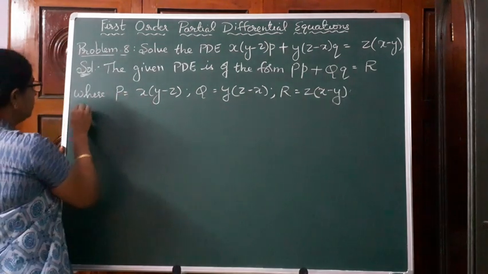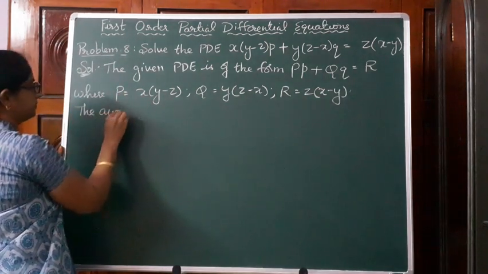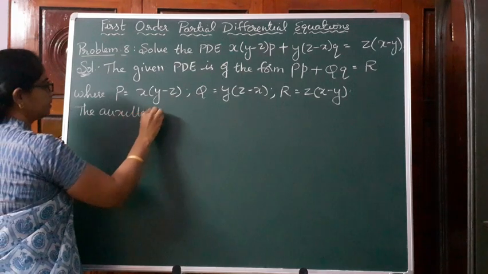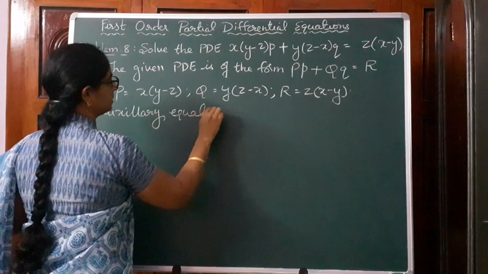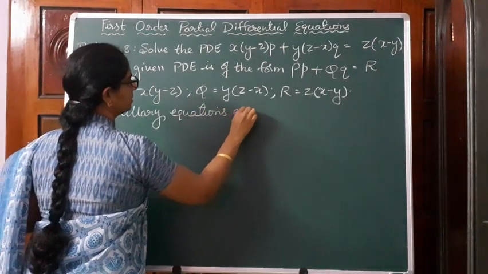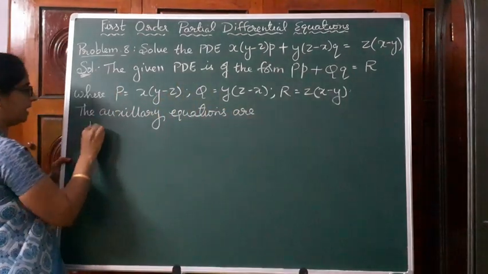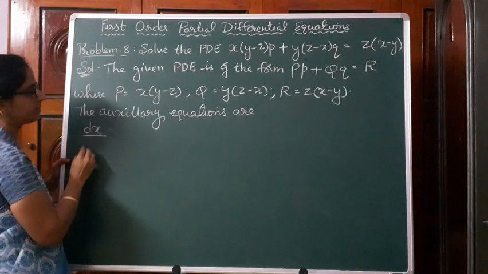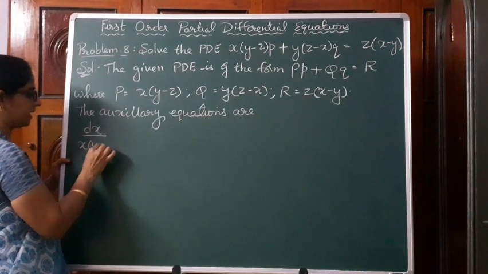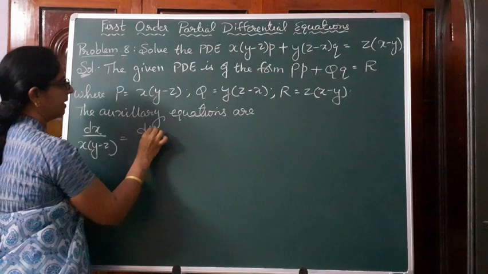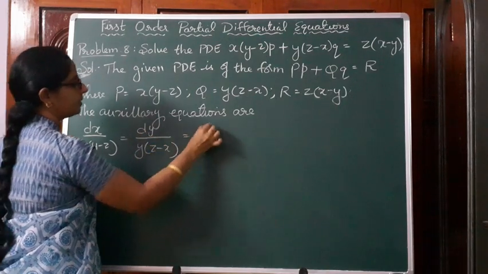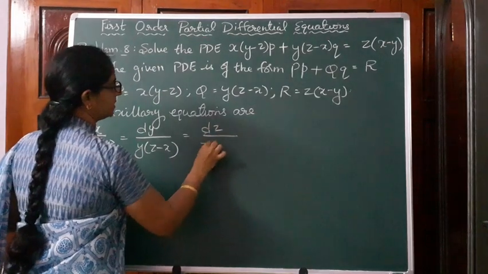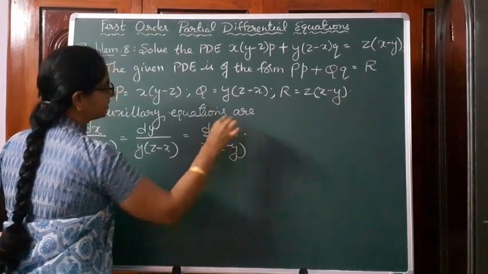So now consider the auxiliary equations. Auxiliary equations are dx by P, that is dx by x into y minus z, is equal to dy by Q, dy by y into z minus x, is equal to dz by R, that is dz by z into x minus y.